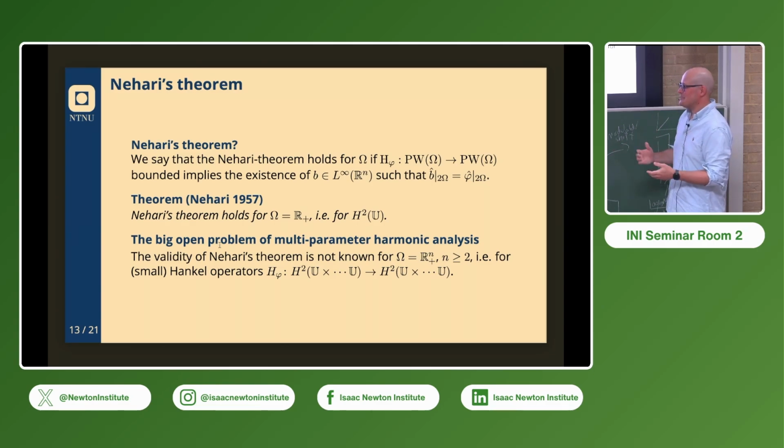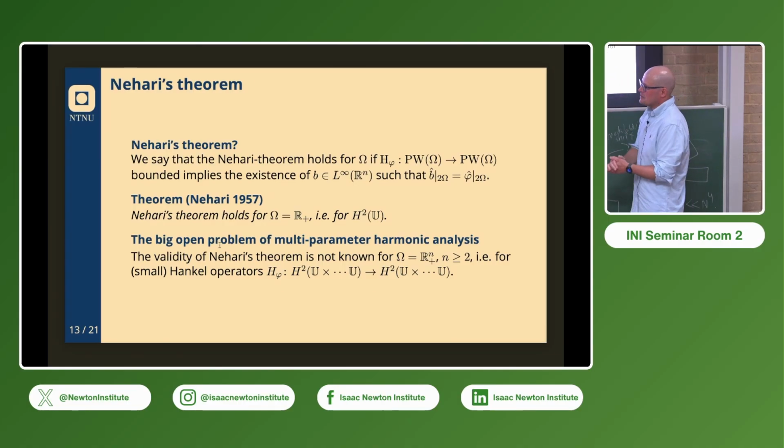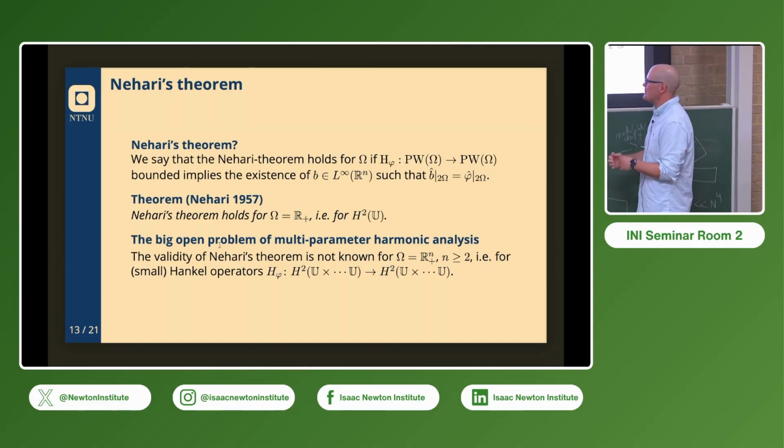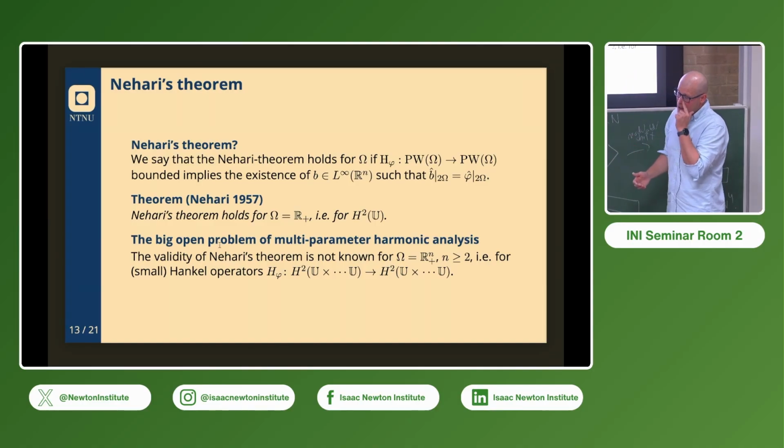It was believed resolved in 2000, and there's a very important Acta paper trying to resolve this question. It was accepted, and then it was used as a big black box in a lot of multi-parameter harmonic analysis.